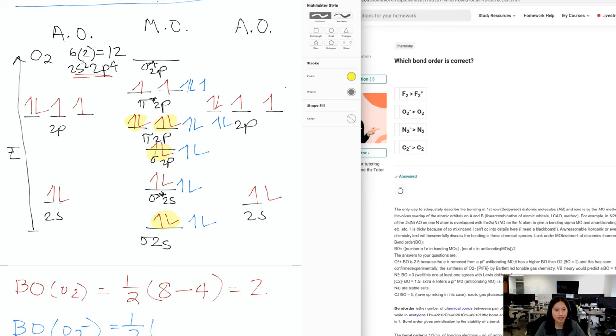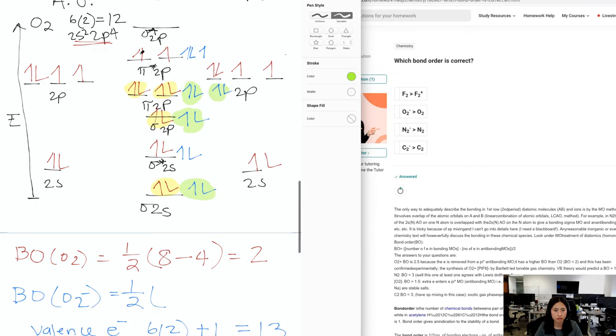That was the pen. I just realized. Okay, so highlighter here, it's in green. So bonding, there's 2. Then you have 4, 6, and then you have 8, and that's it. So you have 8 electrons in your bonding orbital.